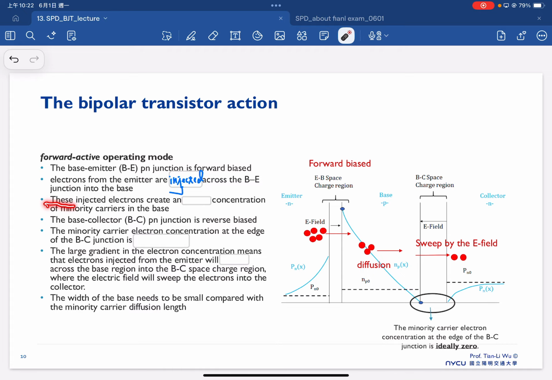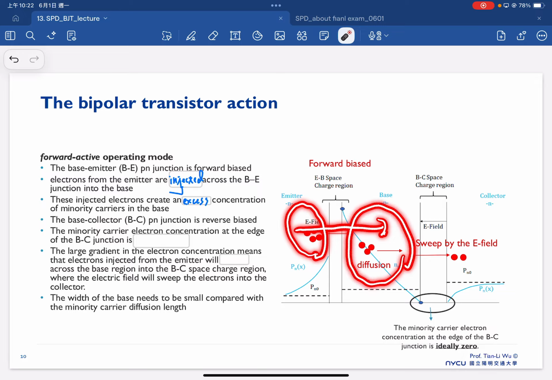So these injected electrons create an excess concentration of the minority carrier in the base, right? Once the electrons are injected into the base region, these additional electrons become excess carriers in this region.